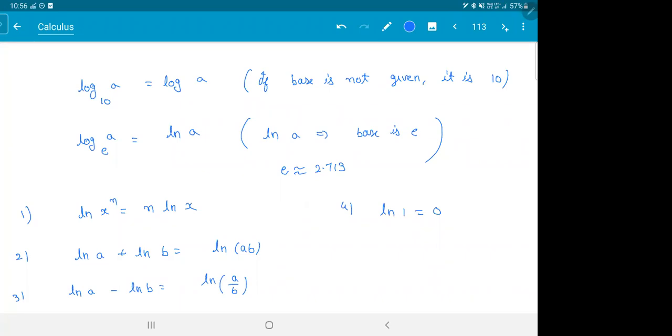Whatever I told you now is just a story for you to understand. This much you should know about logs. This much is sufficient. More than this, we don't encounter. Only the decimal thing you will see in physics once, and in chemistry you will see it in the pH scale.